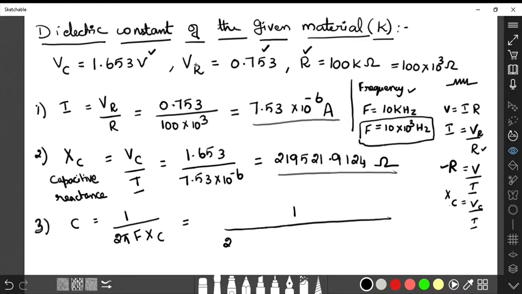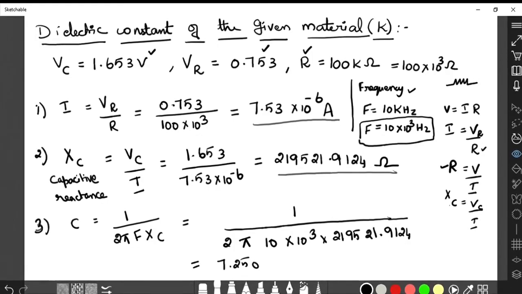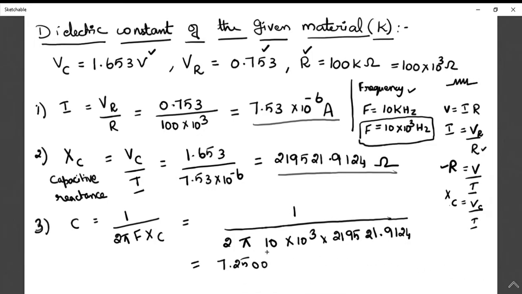Now I substitute: 2 into pi, F is 10 into 10 cube, and the XC value from the previous calculation, 219521.9124.